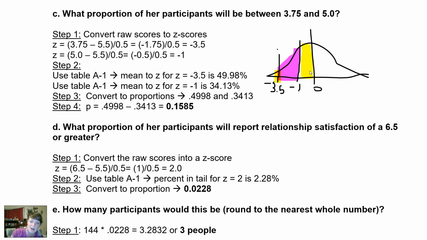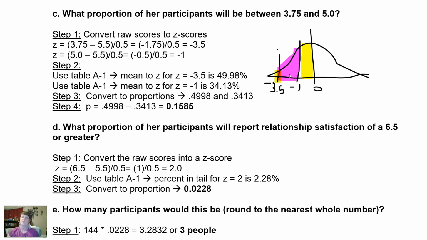So in here is 34%. This whole area here, the yellow area plus the purple area, that whole area is 49%. So if I only want to know about the purple area, and I know the whole thing, purple plus yellow, is 49, and I know just the yellow area is 34, if I want to know just the purple area, I'm going to subtract.